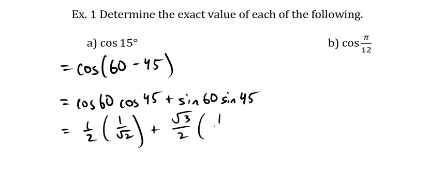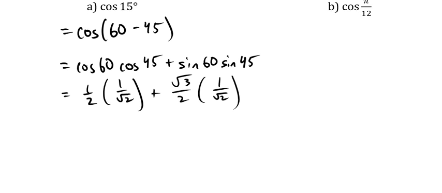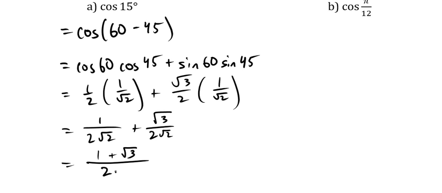And sine of 45 is the same as cos 45, 1 over root 2. Notice that my denominators are going to be the same here. 1 times 1 is 1 over 2 root 2. Root 3 times 1 is root 3 over 2 root 2, which is 1 plus root 3 over 2 root 2.